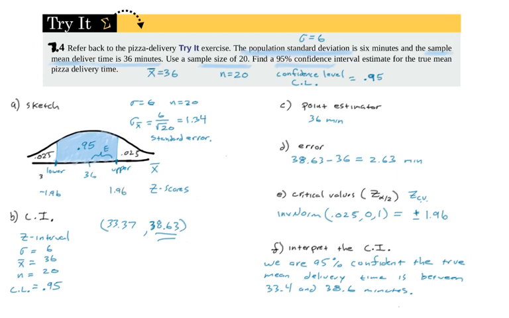And if we're talking z-scores, 0 should be right smack in the middle. Okay, recall, for our standard normal, your mu is 0 and your standard deviation is always 1 in this case. And so that lower end is 33.37, the upper is 38.63 in that case there.